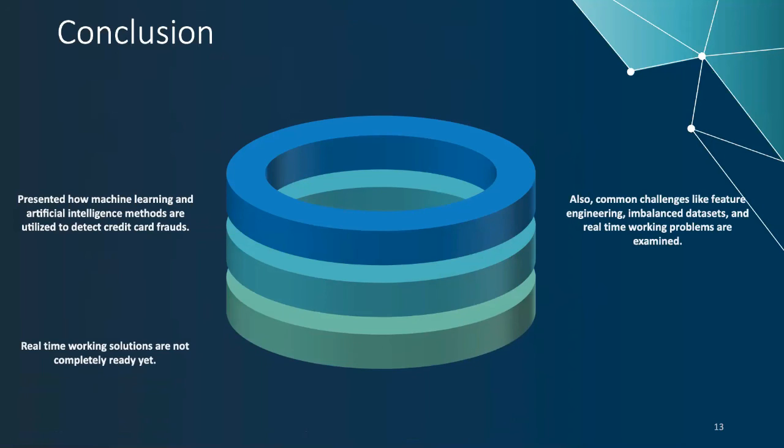And lastly, we could say that the first two common challenges, feature engineering and imbalanced data set, are much more examined throughout the papers, but real-time working scenarios, I think, are not ready yet. That could be the next approach that we use in our papers, maybe, next time.